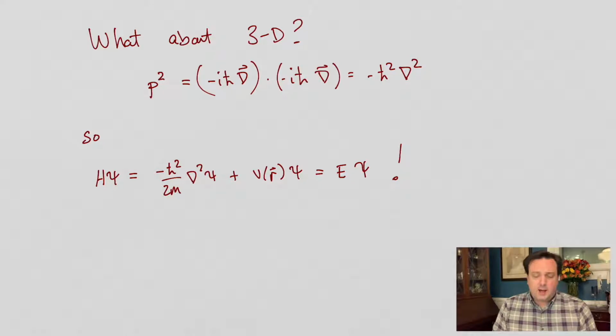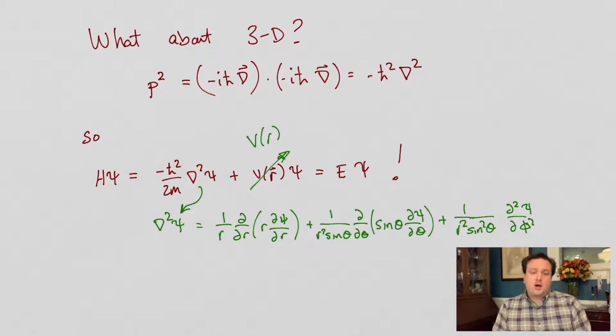In fact, the whole class of potentials that we're going to be studying this week are those scenarios in which the natural coordinates to use are the spherical polar coordinates, because I'm going to assume that my potential is just a function of r. So I'm imposing spherical symmetry on the problem, and by doing so, my potential only belongs to the r direction, but at the cost of having to write down the Laplacian operator in spherical polar coordinates.